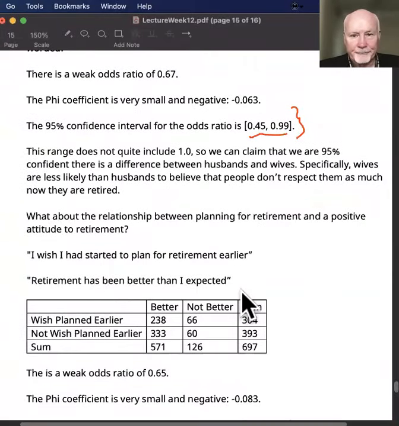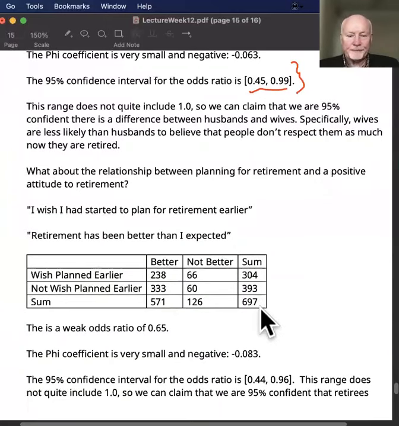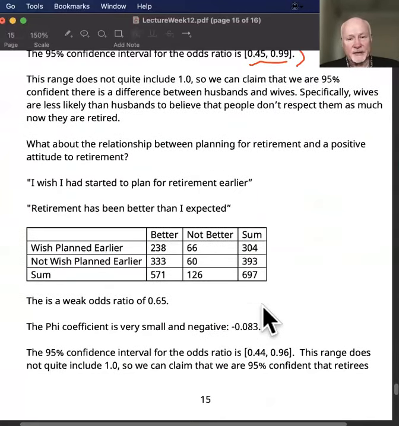Okay, let's look at one more. This time we're comparing two questions. And trust me, if you haven't done this before, when you're designing a questionnaire, if you were given the job, which some of you may well be at some point, to design a question to find out something about customers, or you might be in an HR department and want to find out about people who work in the organisation, when you're writing the questions you ought to be thinking ahead about what kind of analysis you would do with them.